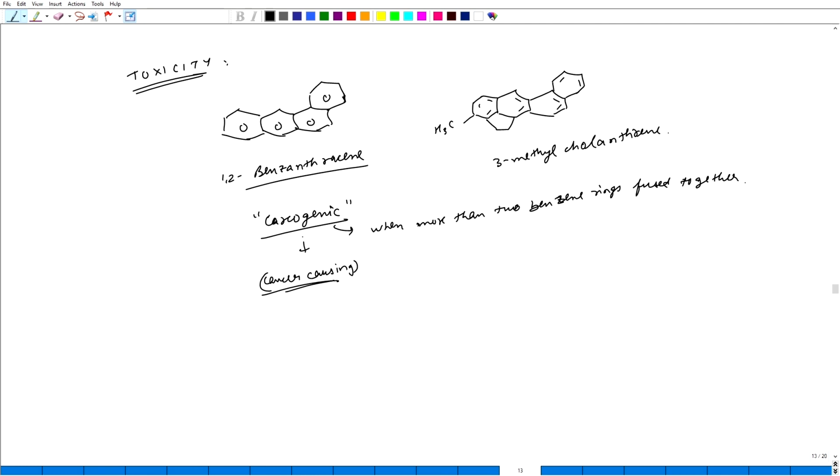So how are these formed? These are actually produced by the incomplete combustion of organic materials like tobacco.